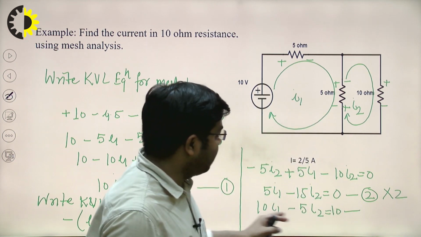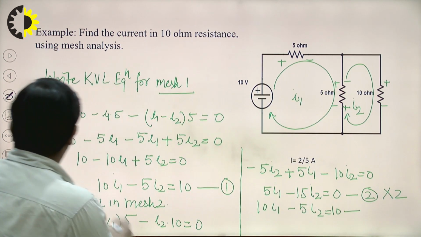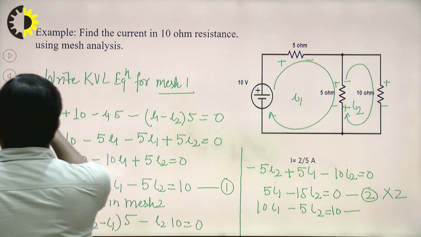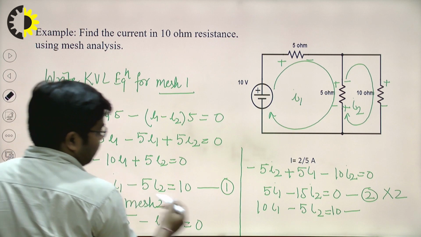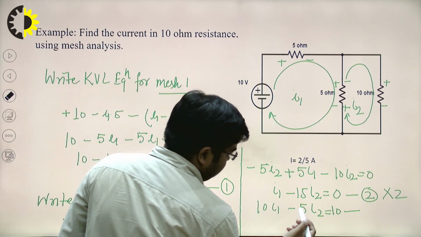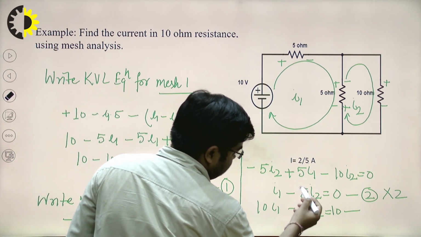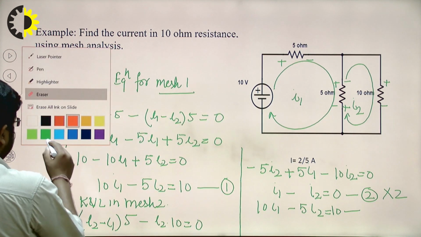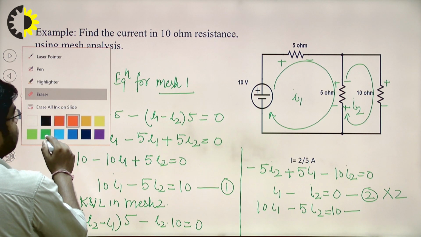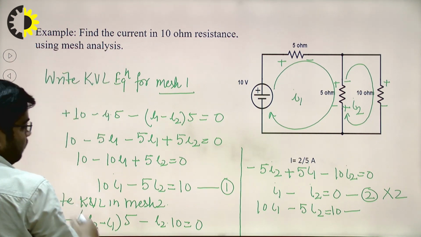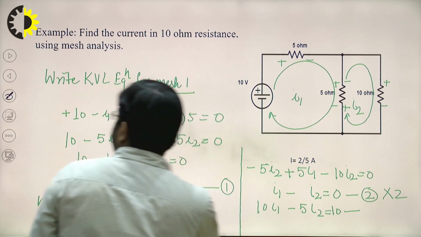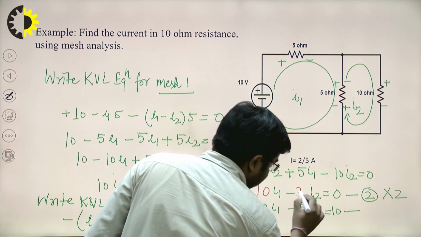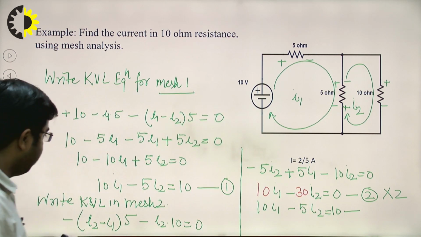So after multiplying this equation with 2, this will be 10 and this will be 30. Just multiply this equation.